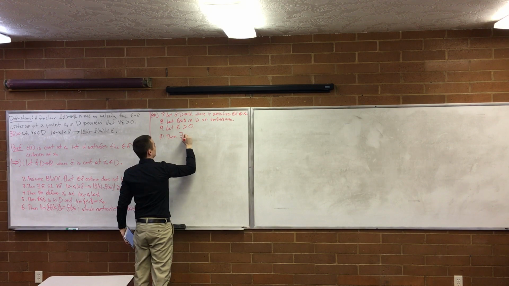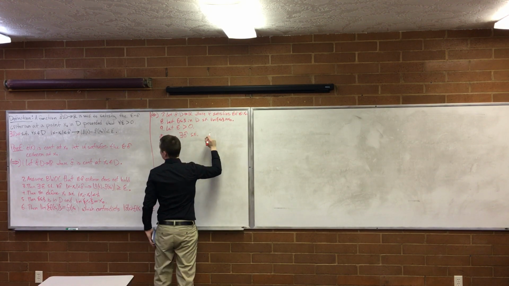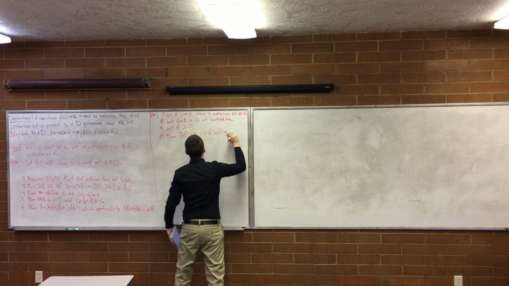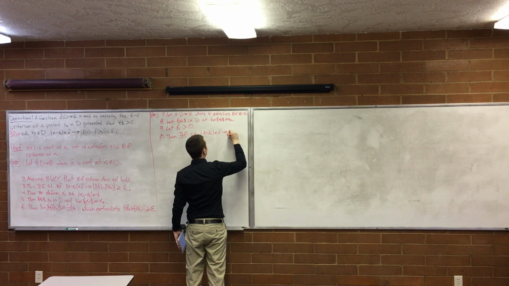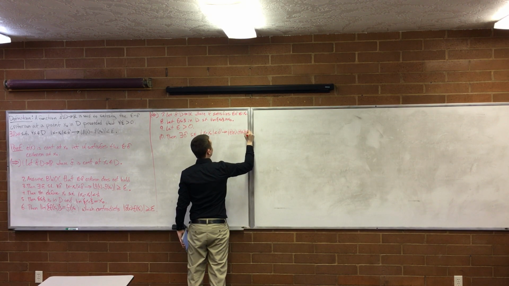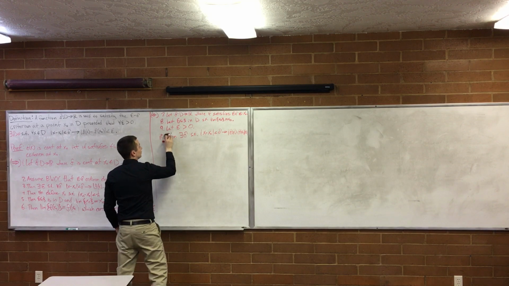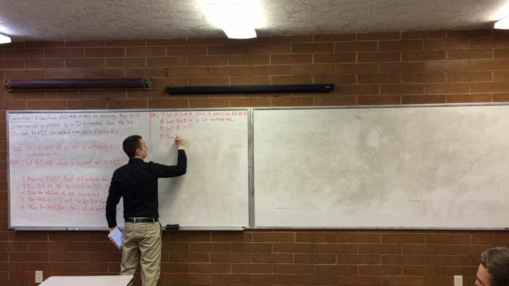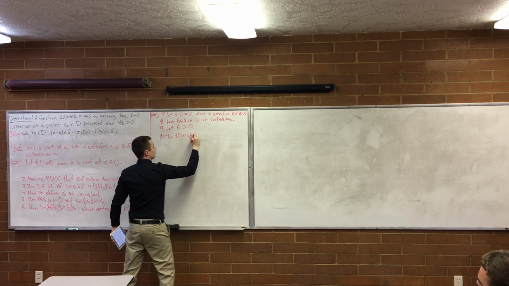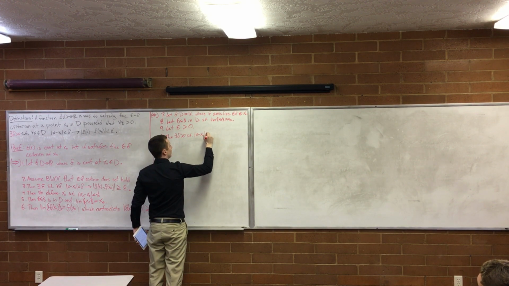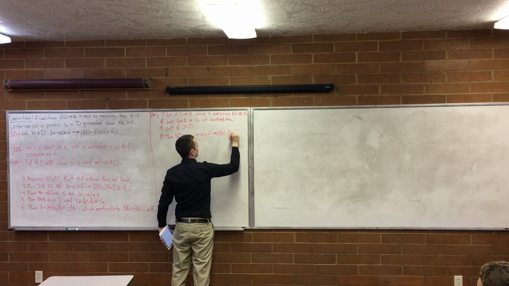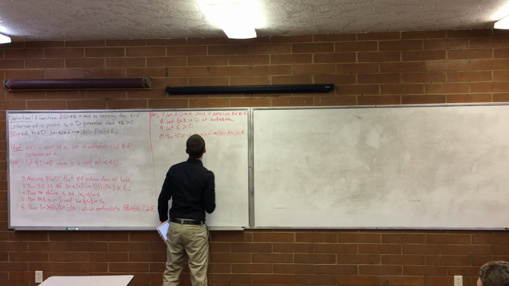Then I know that there exists some delta greater than 0 such that the absolute value of x minus x naught less than delta implies the absolute value of f of x minus f of x naught is less than epsilon.